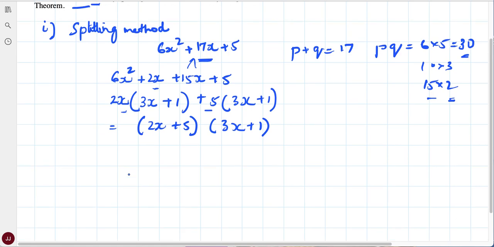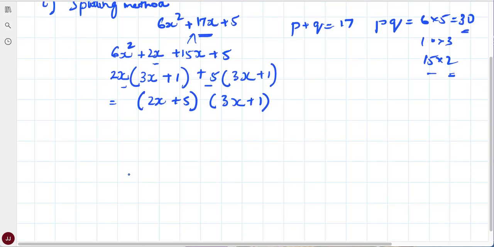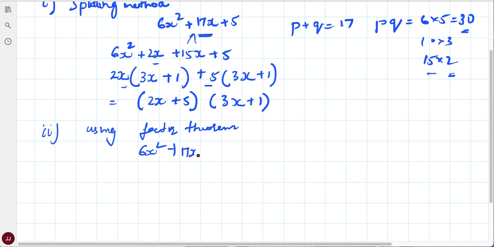Okay, let's start with the second method, the factor theorem method. Let's say we are given 6x square plus 17x plus 5.